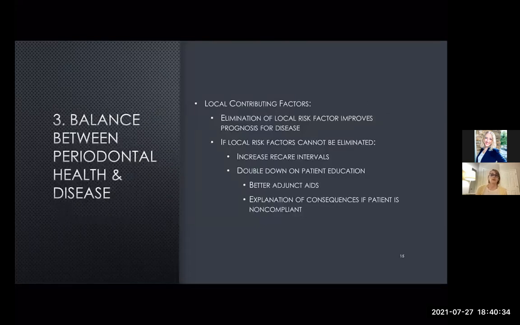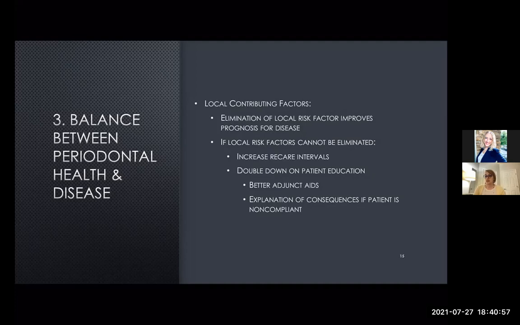So other local contributing factors, we have to eliminate the local risk factors. This is going to improve our prognosis. It's going to improve our hypothesis of how the patient is going to heal and what the chance is that we can get them back to gingival health, even on a reduced periodontium.